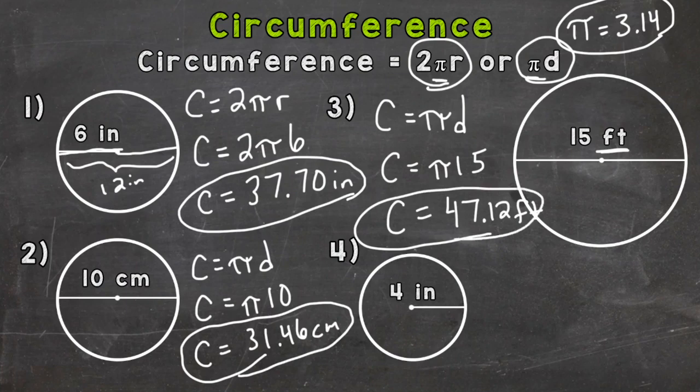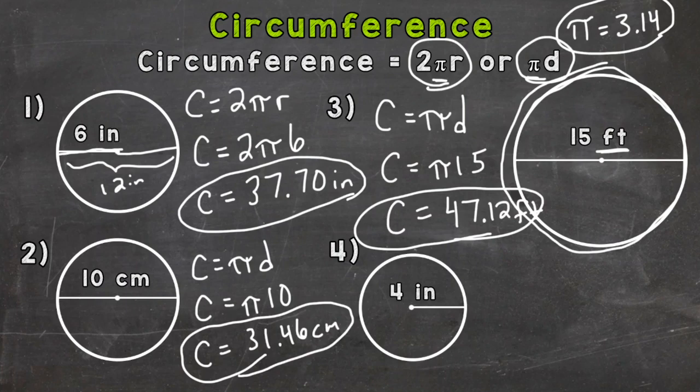Again, just to recap, circumference is the distance around a circle, so the perimeter. So if I were to trace or go around, I'm not drawing a perfect circle here, but go around that circle, the distance around would be 47 and 12/100 feet.